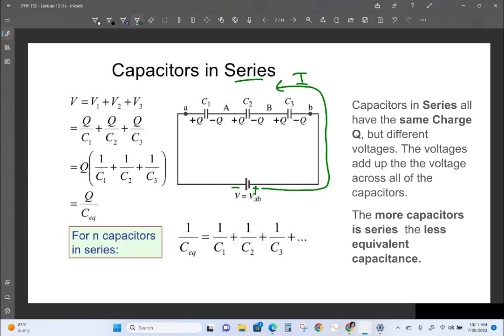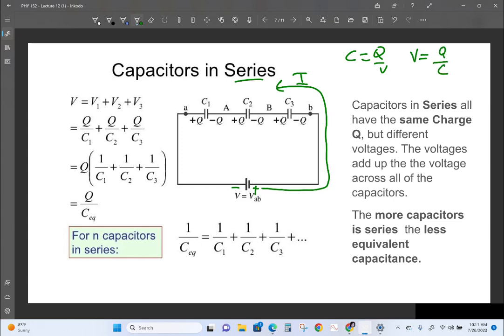So the voltage of the battery is equal to the voltage of the first capacitor plus the voltage of the second capacitor plus the voltage of the third capacitor. And remember that C equals Q over V, so V in general is Q over C.